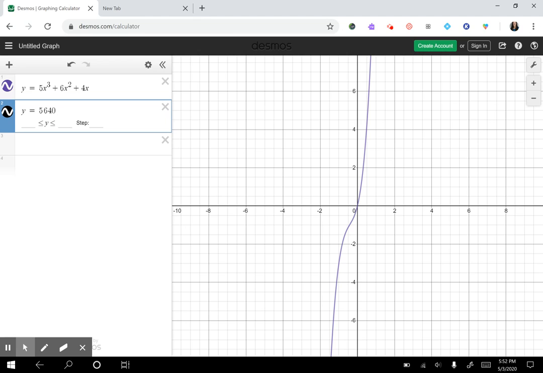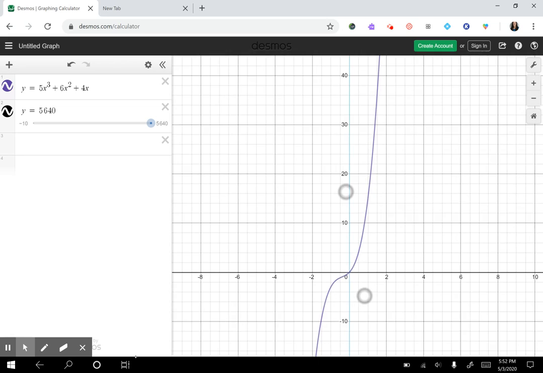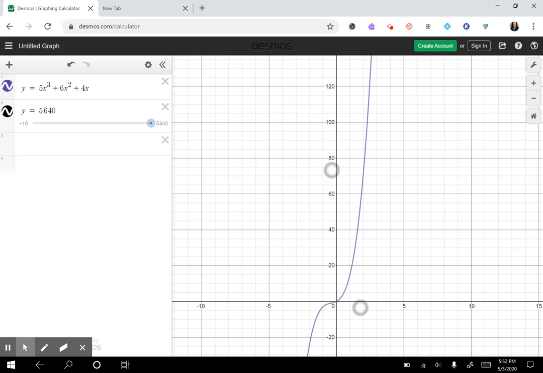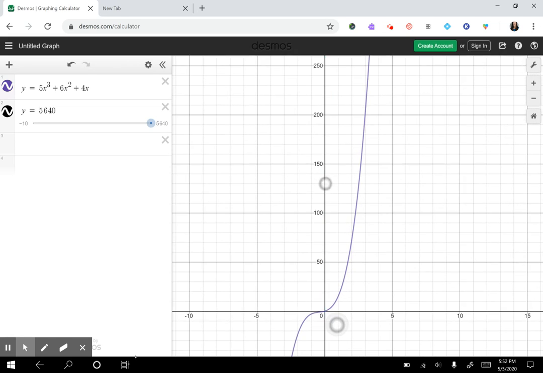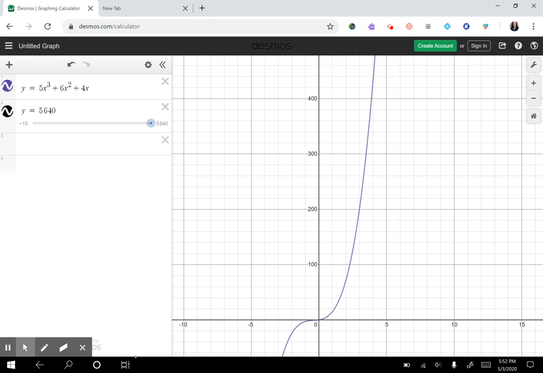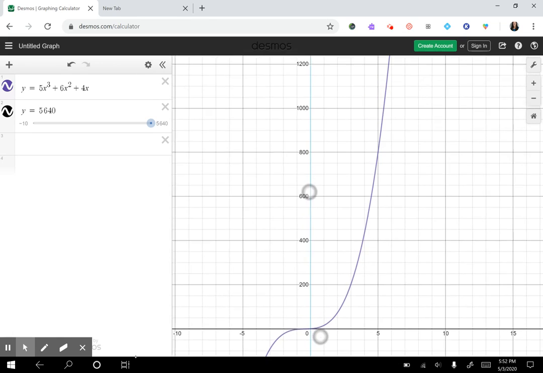Here's y2. You only see the cubic function because this is a constant crossing all the way up at 5,640. So we have to get in here and scale this y-axis. This is why Desmos is a lot nicer to use than our graphing calculators.